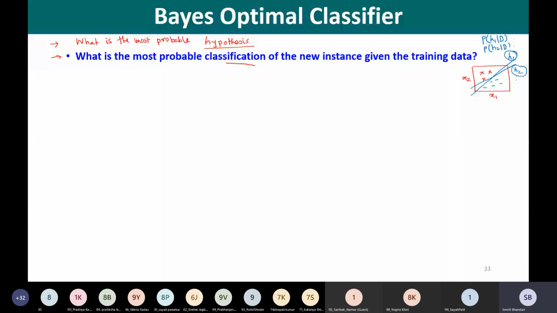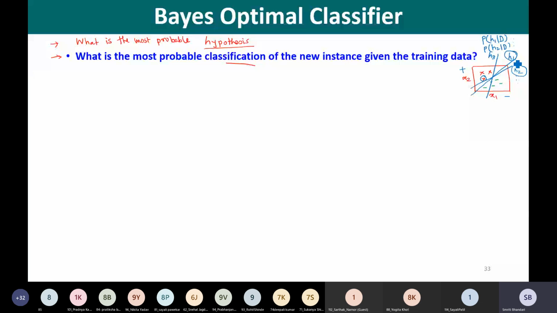What does this mean? If I have many hypotheses and every hypothesis is classifying the instance in a particular class. Suppose we have one more hypothesis like this, and let us assume that this is H3. Now, if I look at this H1, then this particular instance will be classified, say, as positive.